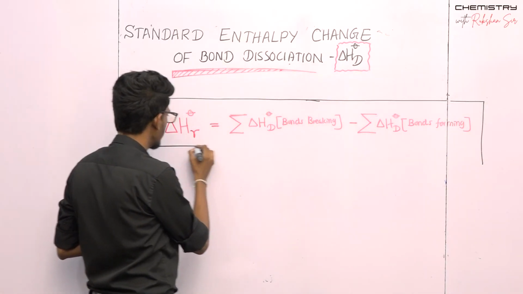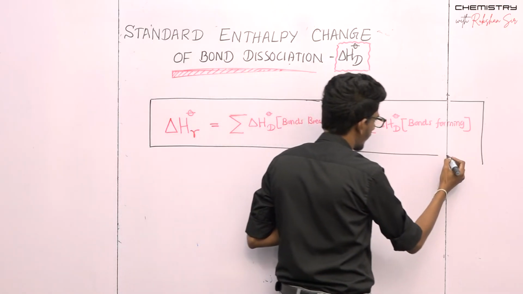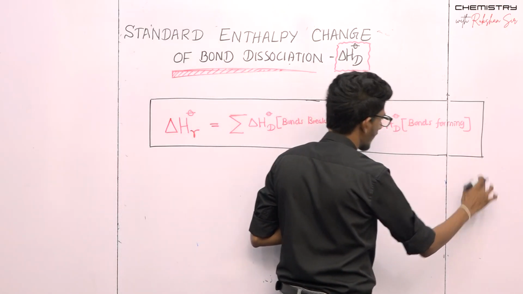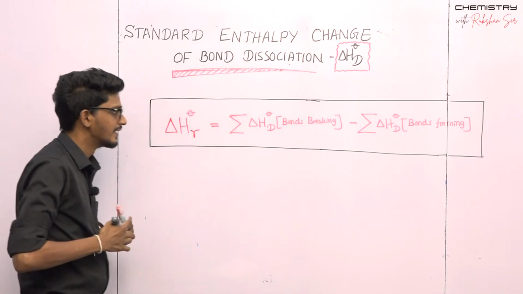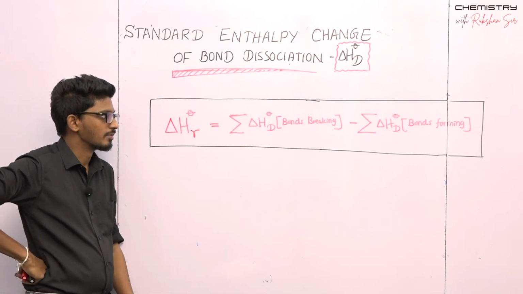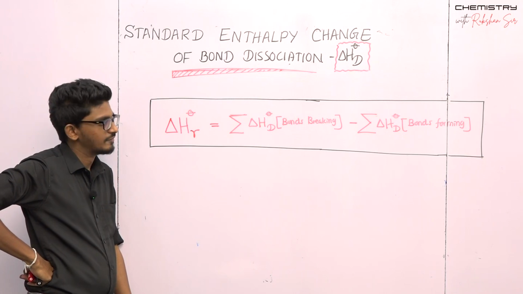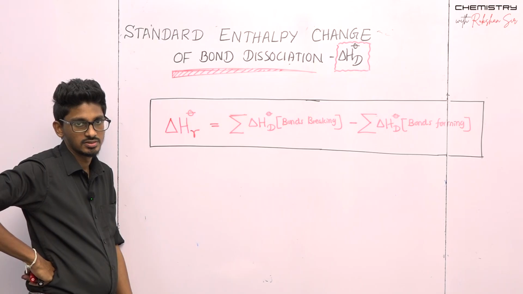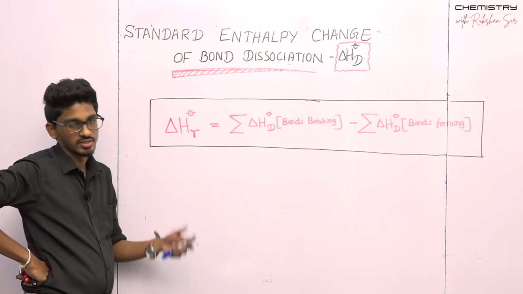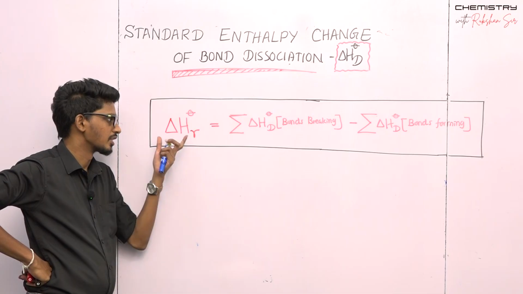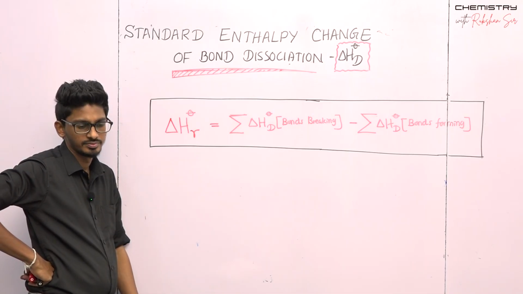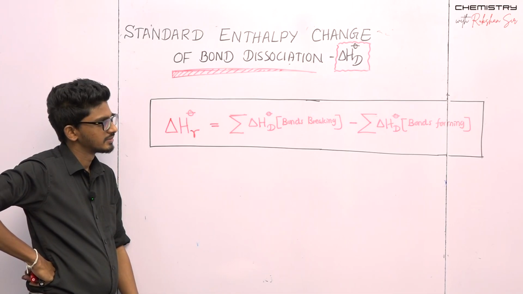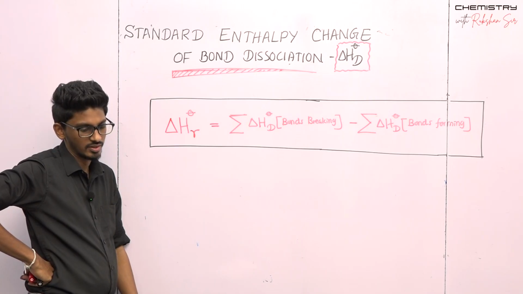If you know the delta H naught D values of all the bonds associated with the components in your chemical reaction, then you can use this equation to come up with delta H R. The note is written there.